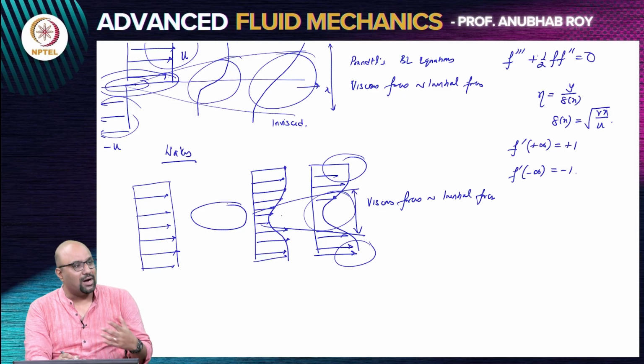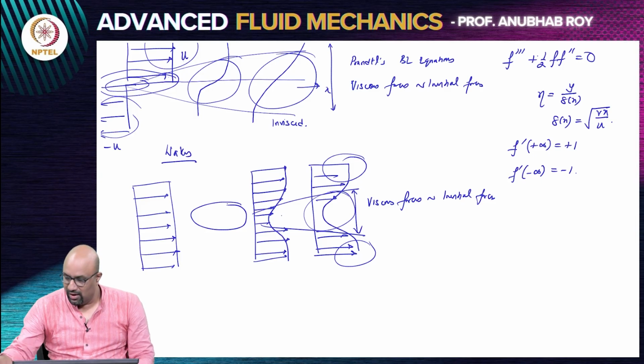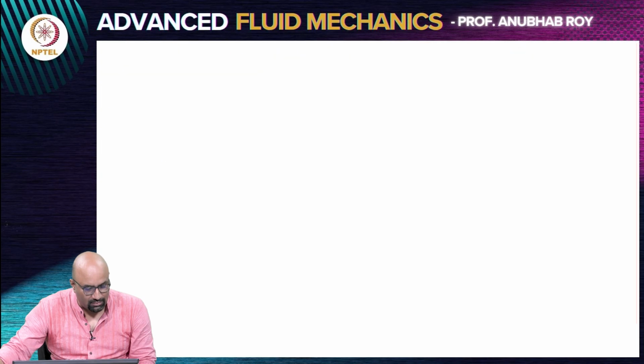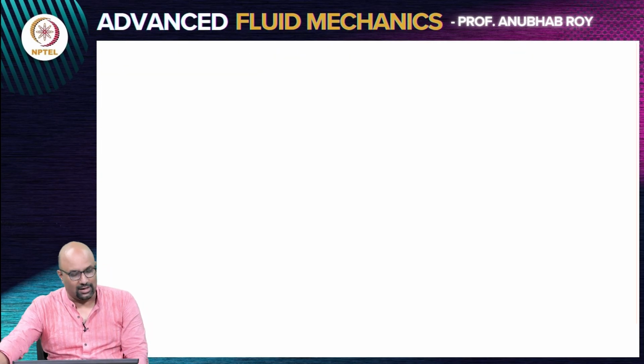Because the spirit of Prandtl's boundary layer equation is that irrespective of how small viscous forces may be, you have to keep momentum diffusion balancing inertial forces in this kind of scenario. And this is exactly what you will do in these problems. So we will work out one problem where you can make a little bit of progress in using boundary layer theory in an open flow.